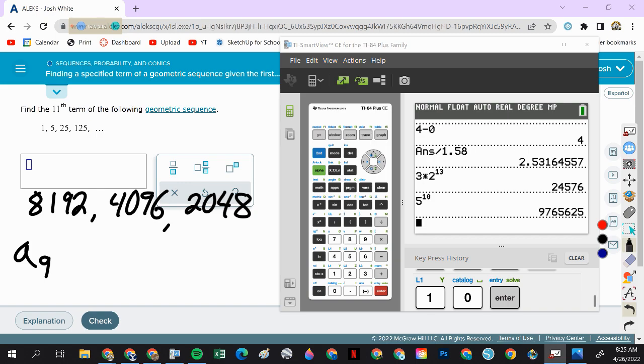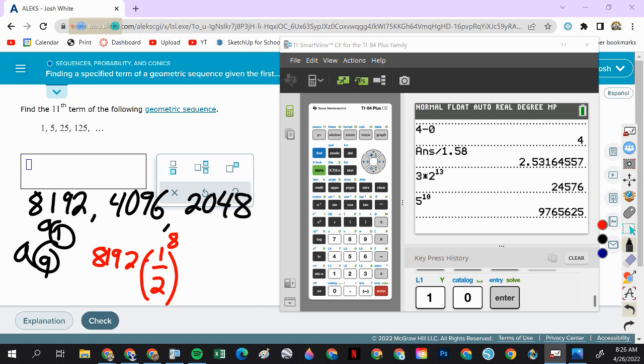Multiply by a half. How many 1/2s do I need to get from here to here? 8. Now, when you do fractions, you have to be careful. So I need to do 8192 times 1/2 to the 8. But whenever you're putting an exponent on a negative number or on a fraction, make sure you put that in parentheses.